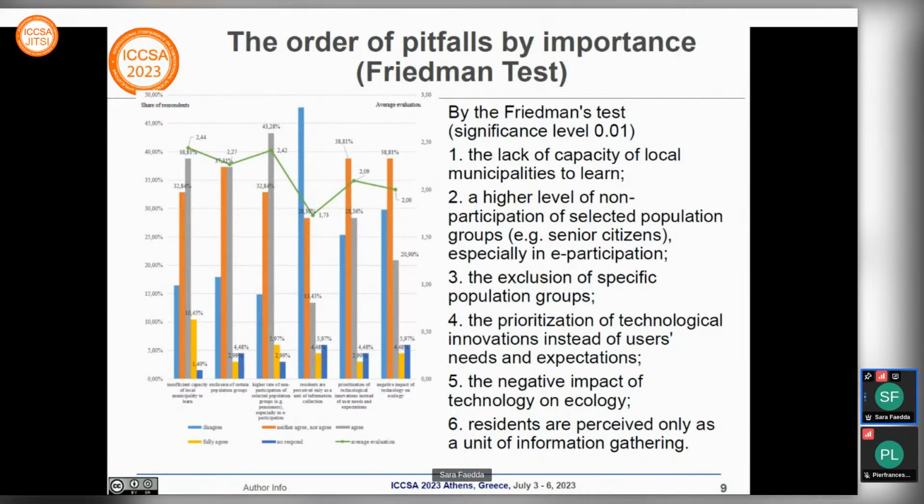And again, we used the Friedman test to find the order, which is the most negative expected effect. It is the lack of capacity of local municipalities, which in this case I can say is an obstacle that can influence the implementation. Then the exclusion of some stakeholders, and also, for example, prioritization of technological innovation, negative aspects, and so on.